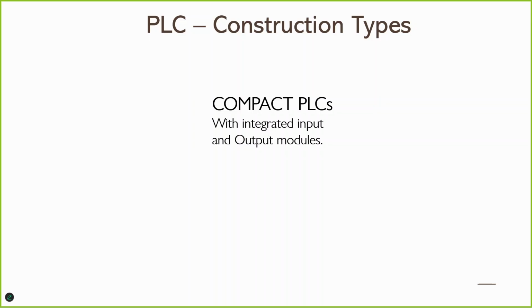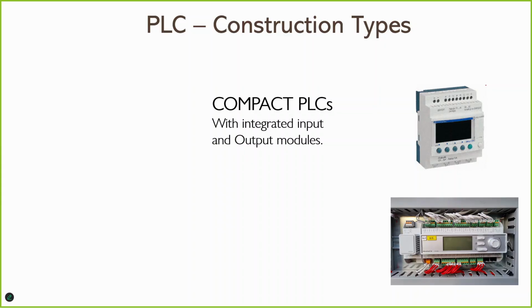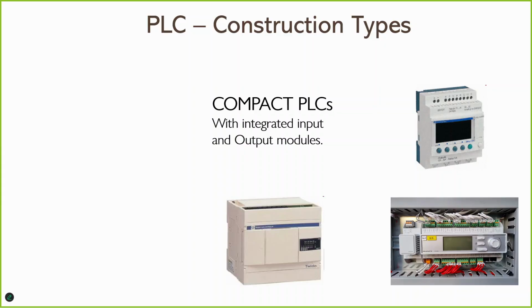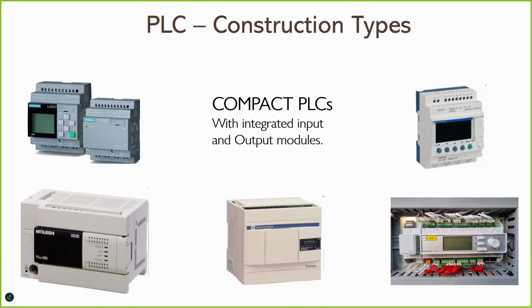Compact PLCs are PLCs which are integrated with input and output modules. So the PLC itself is just one module. It has its input and output devices together with it. Example is what you see right here. Another example is this. Another is this, and another is this.